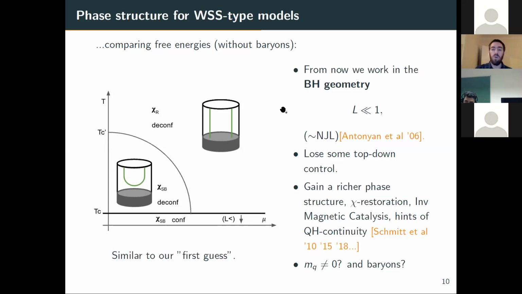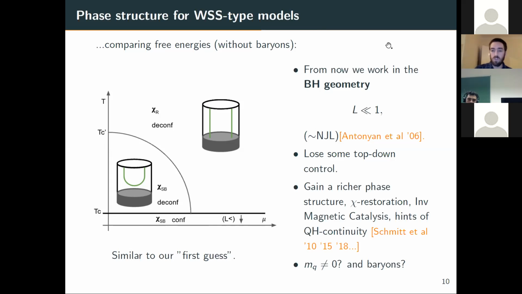By moving one of the parameters I said I had in this model, which is L, again the asymptotic separation of the branes, I can change the location of this Hawking-Page transition. And I will choose, for reasons that will become clear afterwards, to work in a limit where this distance is small, and where I think about this transition as being at very low temperatures.